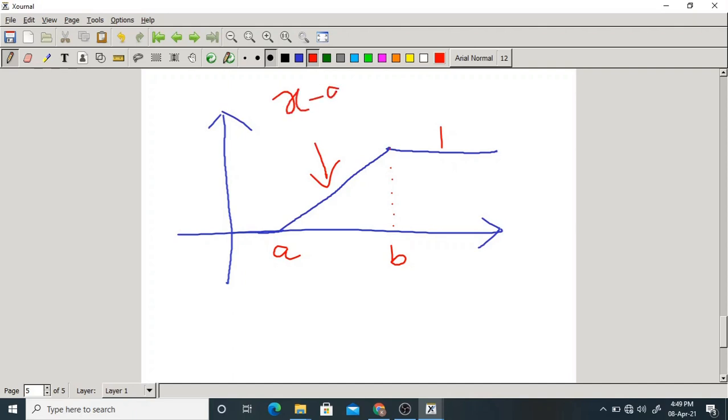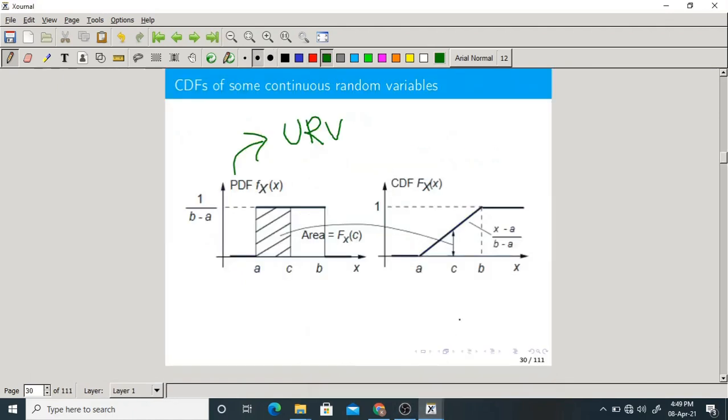X minus a by b minus a. This is your CDF of what random variable? Uniform random variable. So let me go back here. Now this is the CDF of uniform random variable.